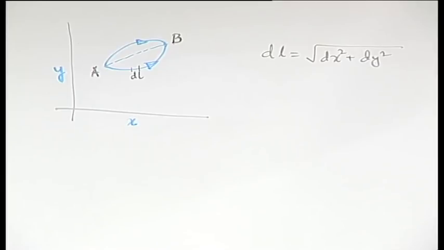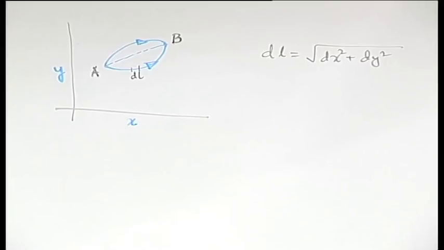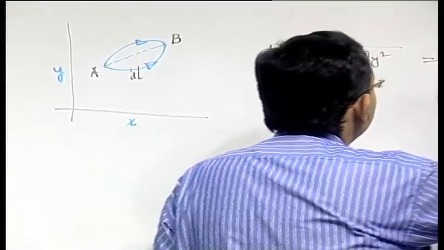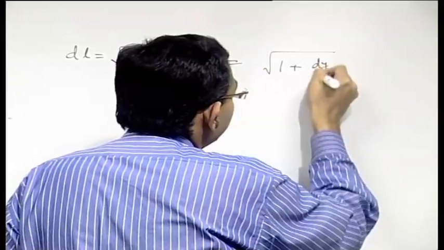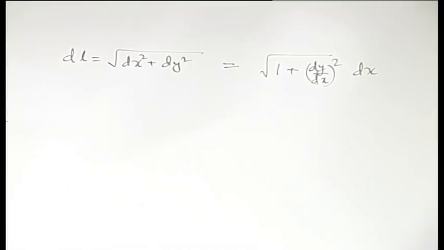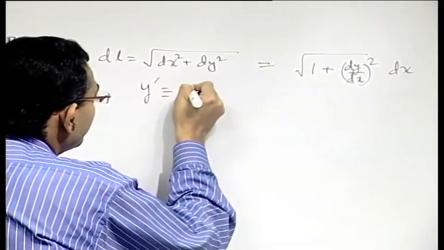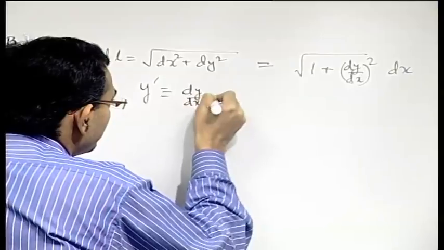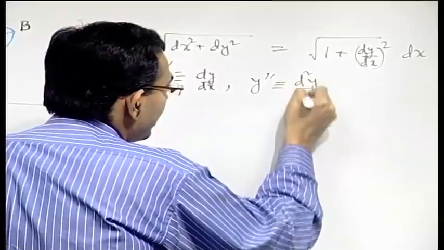By the Pythagoras theorem you can write dl square as the sum of dx square and dy square. So you can write this as square root of 1 plus (dy/dx) square, times dx. We use the short notation y dash equivalent to dy/dx, and y double dash equivalent to d square y by dx square, like that.